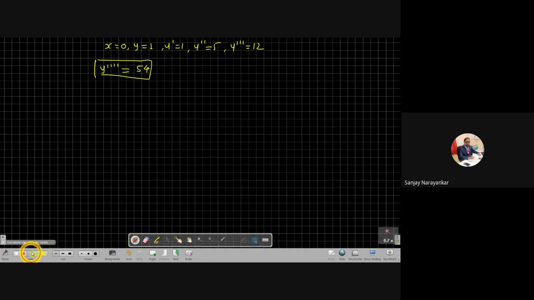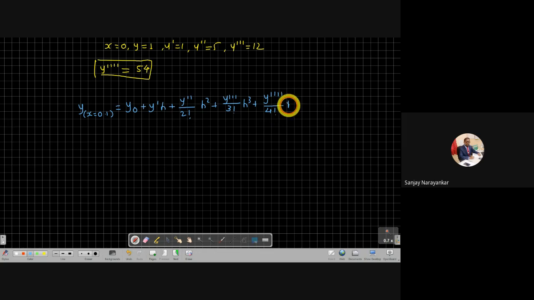Let's just help me out to write the formula. y at x is equal to 0.1 is equal to y0 plus y dash h plus y double dash upon 2 factorial h square plus y triple dash upon 3 factorial h cube plus y 4 times upon 4 factorial into h raised to 4. Isn't it the formula? Yes, students?